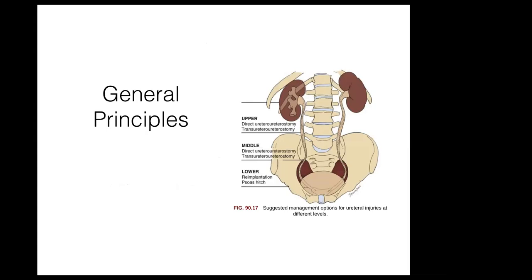So for injuries to the upper third ureter, the surgeries that can be applied will be direct ureterostomy or transureterostomy. The same can be said for the middle ureter. For the lower third of the ureter, reimplantation or ureteroneocystostomy is warranted, as well as the psoas hitch.